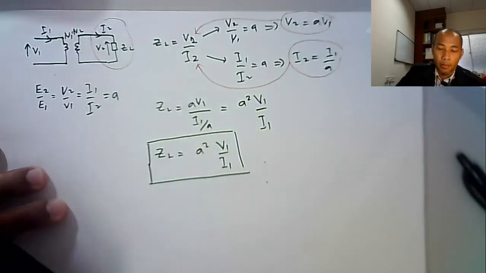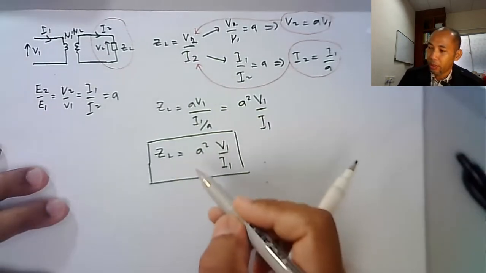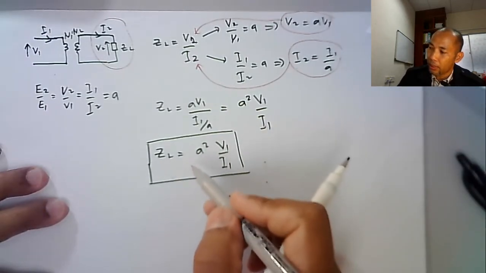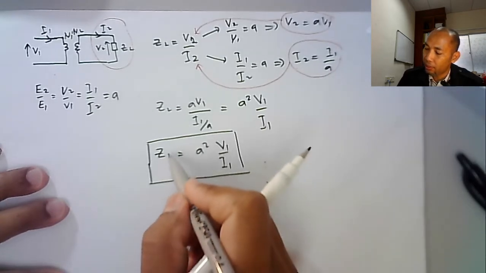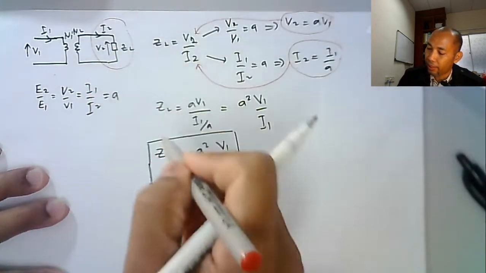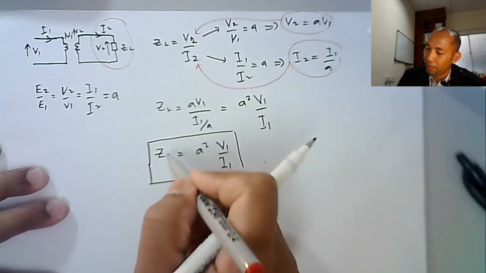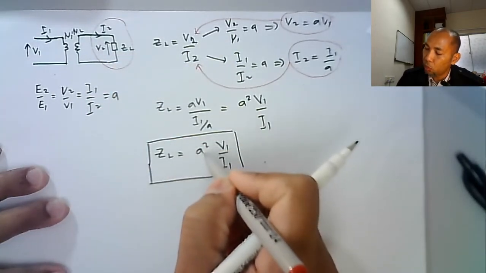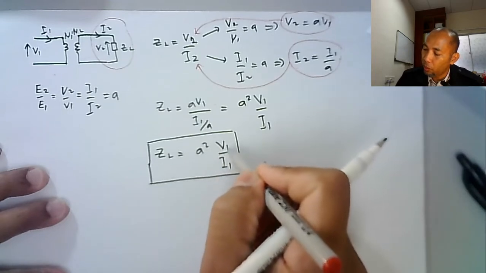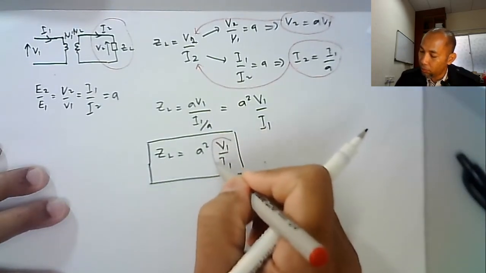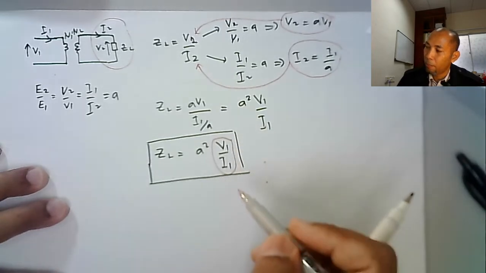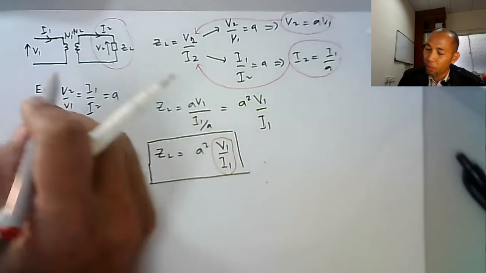From this equation, the impedance at the secondary, ZL, can be written as A square V1 over I1.